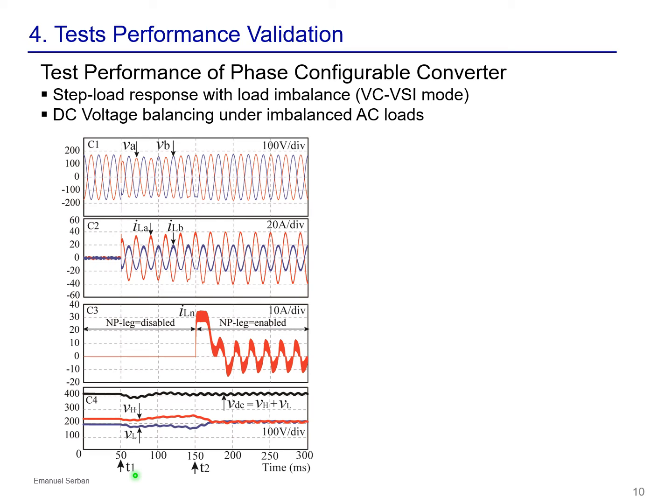Since the neutral point controller was deliberately disabled, a voltage deviation develops between the high side and low side capacitors.